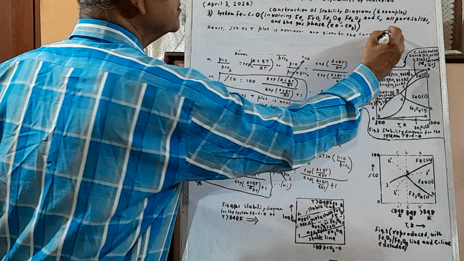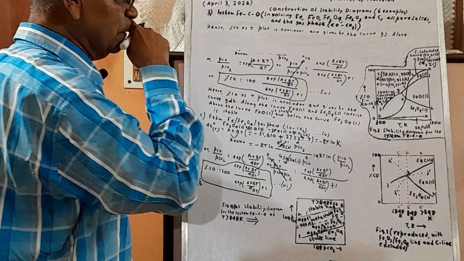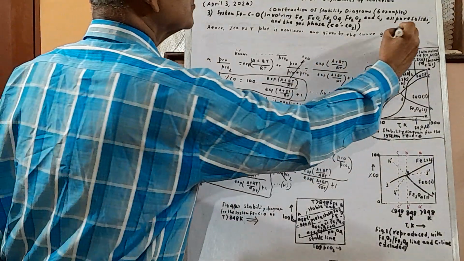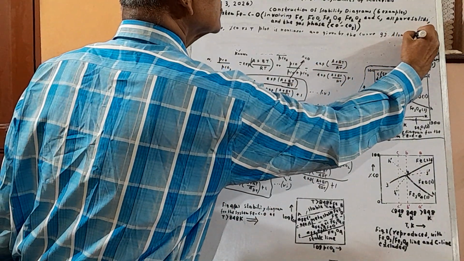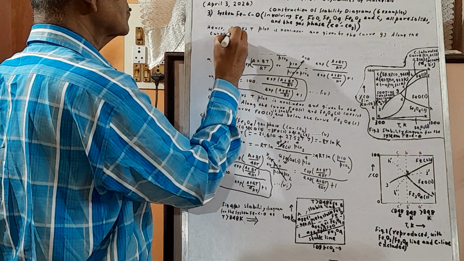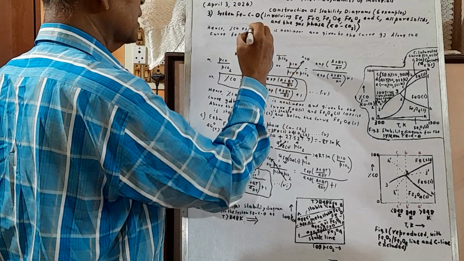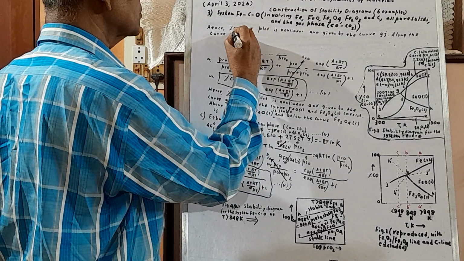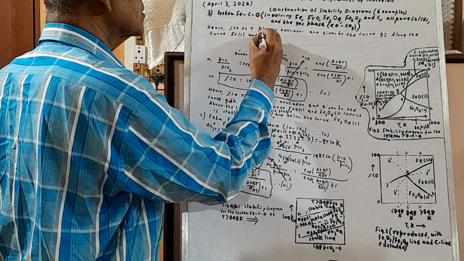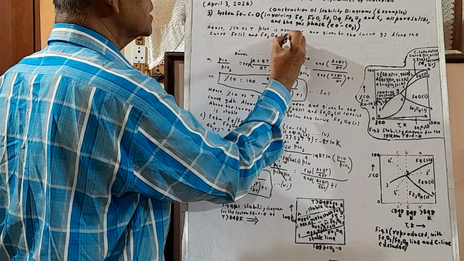Along the curve, Fe solid and Fe3O4 solid coexist.